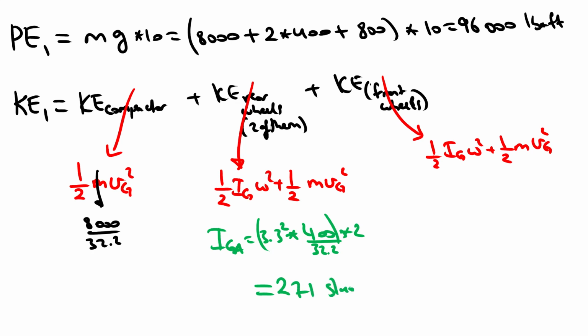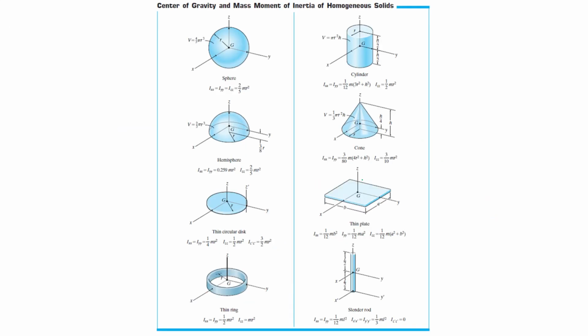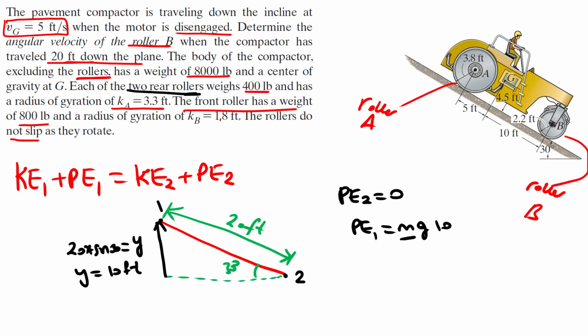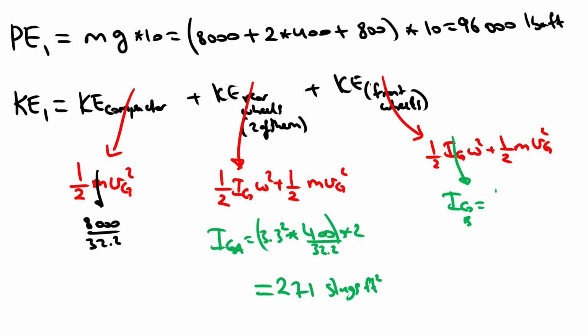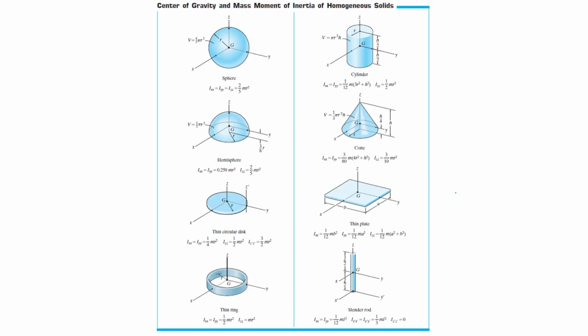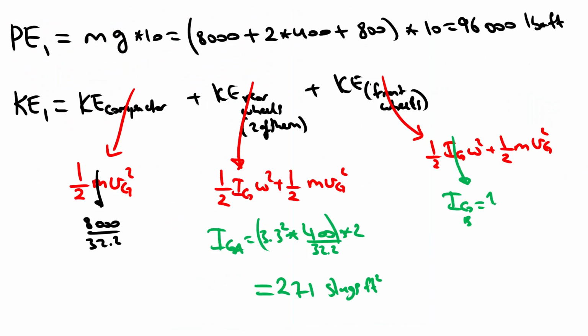271 slugs·feet squared. That's the Ig value for both of them. Similarly here, Ig for B will be 1/2 times the radius of gyration, which is 1.8, squared, times the mass, which is 800.